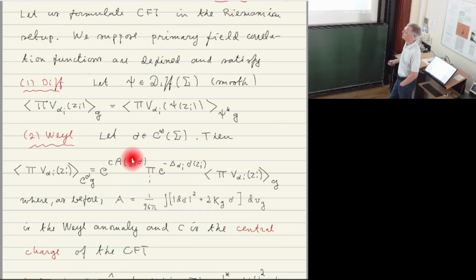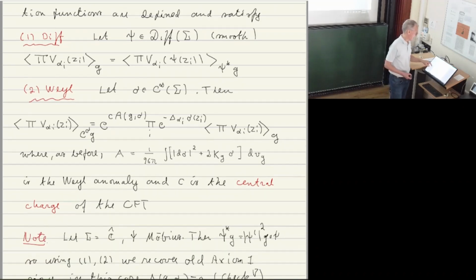But then there is a mysterious factor, the anomaly: an exponential of a function of what you multiply the metric by, times a number called the central charge of the conformal field theory.